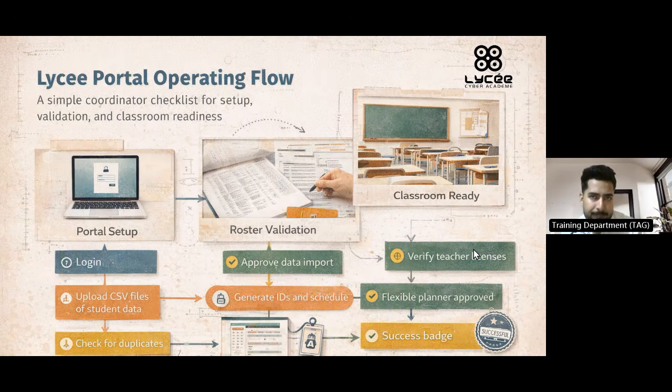But if somebody has logged in from their personal email address and they have left the school, still, if we know that ID and password, we can log in and change the email address to that of the new project coordinator. That can also be done. And if you're not finding any solution, then you also have a support team, the backend, which can help you out. But the important step here is you should log in to this portal.